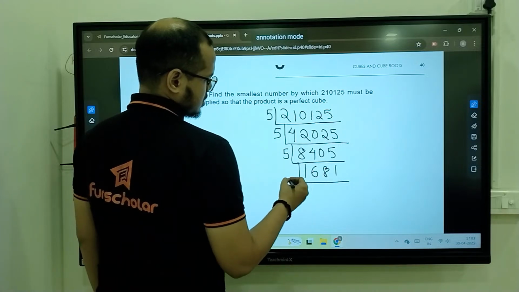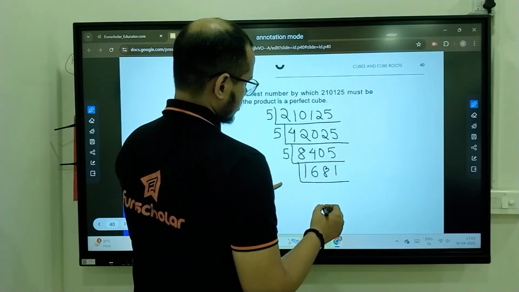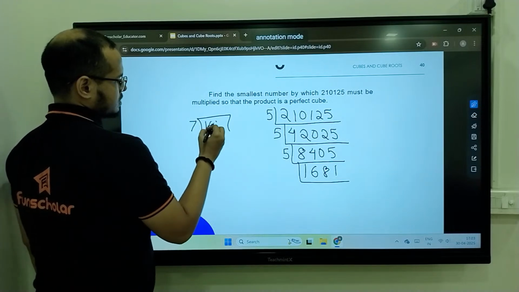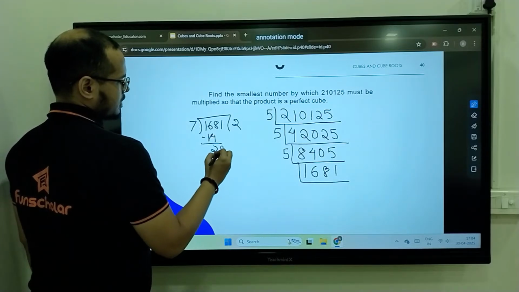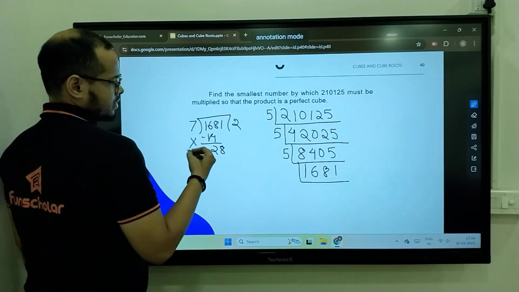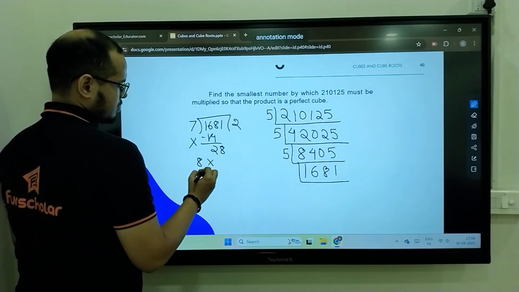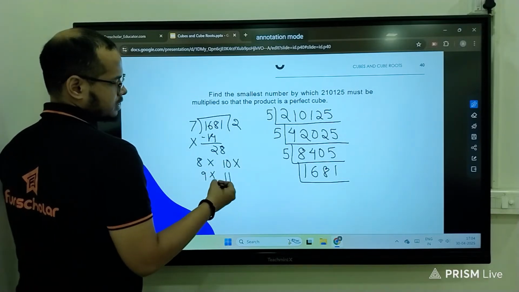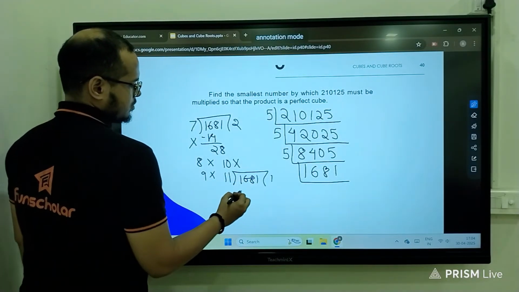Now 5 is done, 6 is not going to be done, so 7. Let's check for 7. 7 divided by 1681, 2s are 14 minus 28, not divisible by 7. 8 is not going to be a value, 9 is going to be a value, 10 is not going to be a value, 11, let's check for 11. 11 into 1681, 11 ones are 11.